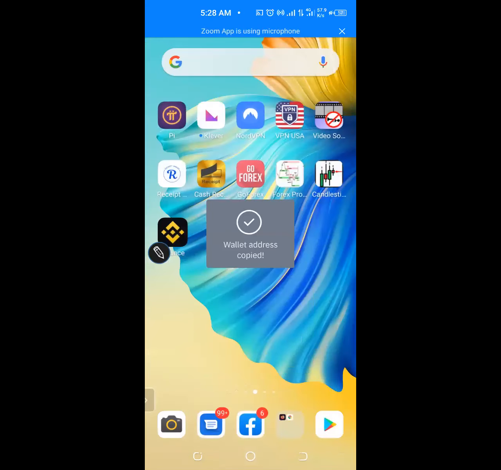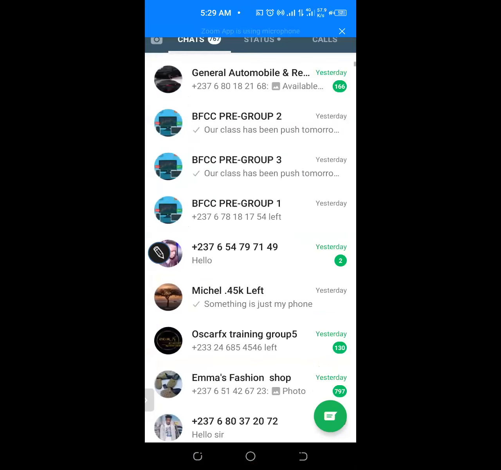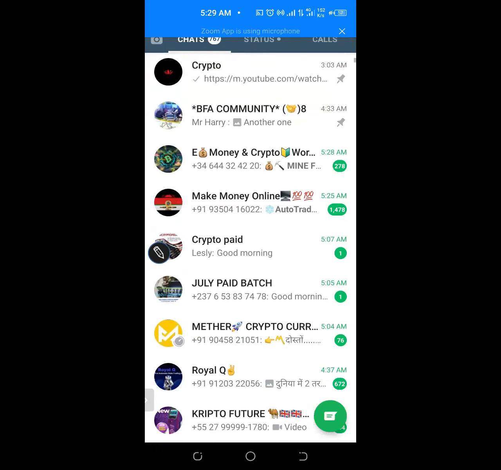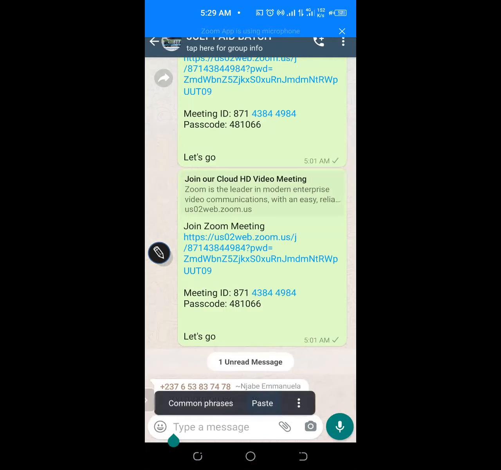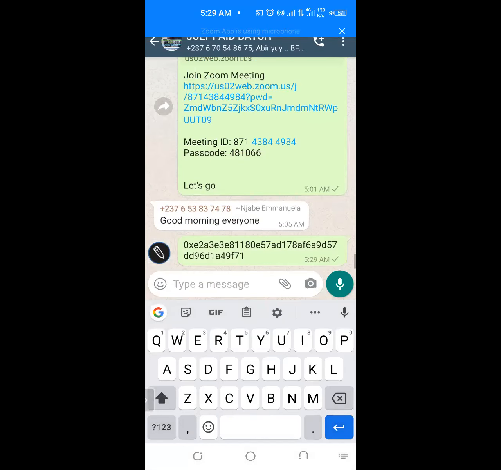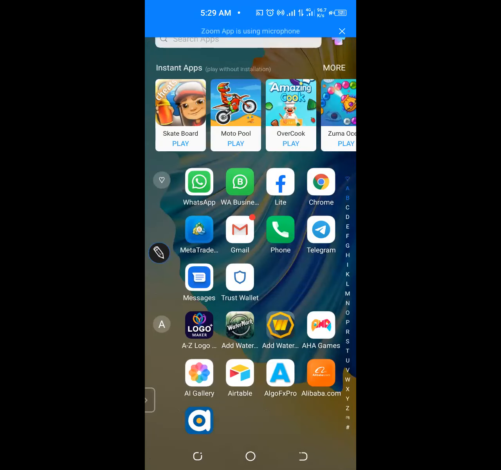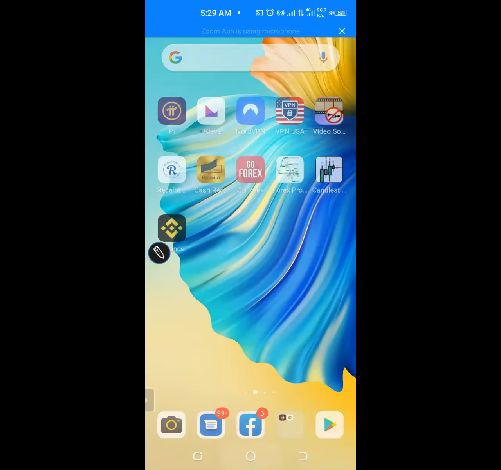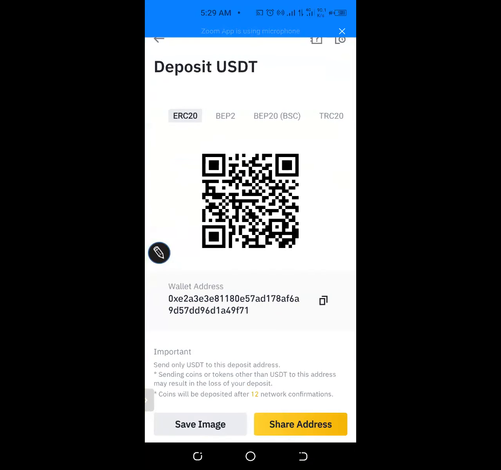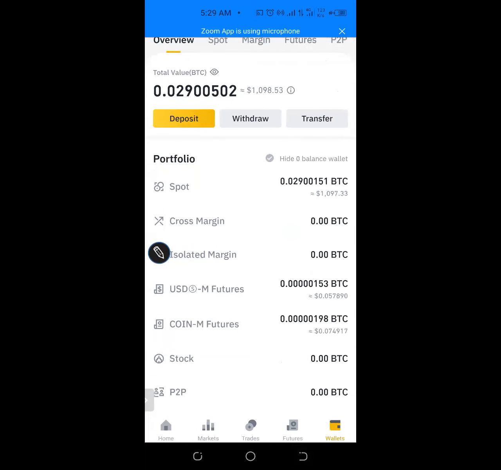Maybe I'm telling people in your group, please help me, or I'm begging you for some dollars. I just paste the address and tell people to go and send me some dollars. If you are a merchant, you can send some USDT to that wallet and it will be reflected in my account balance, so I have the balance to be able to trade.